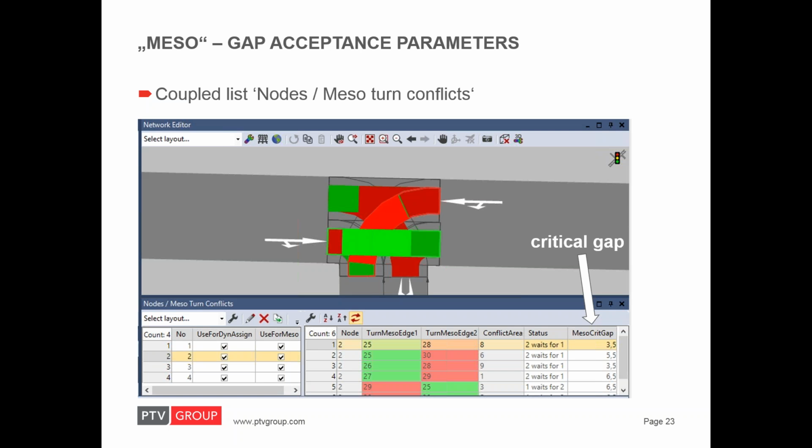In order to enter the parameters, you can use, for example, a coupled list. In this case, the coupled list of nodes and meso turn conflicts. You can select the node on the left side, and then you will see the corresponding turn conflicts in the list on the right side, and you can first highlight and then enter the value for the corresponding conflict.